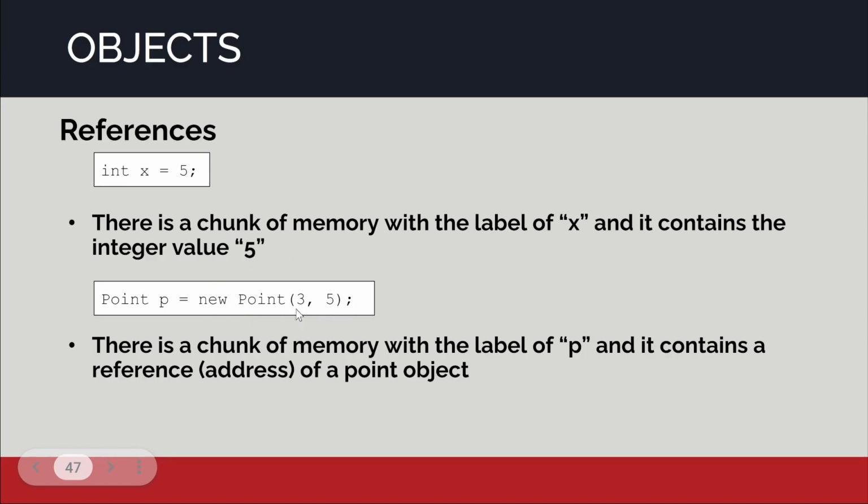So the subtle distinction here is that x is the value itself. The value lives in the place that is labeled x. But the point lives somewhere else in memory. The label p refers to a place that points to the actual object.